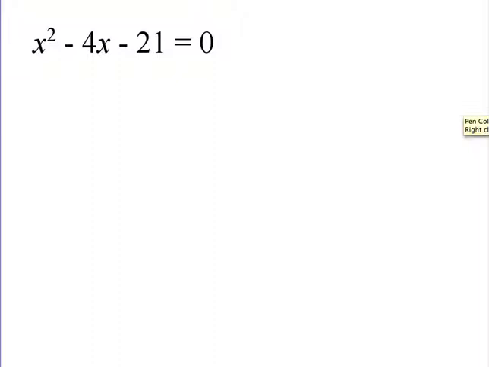X squared minus 4x minus 21 equals 0. So I notice I've got a 1x squared. I won't always have that, so that's why we've got to check that very first. I know I've got two quantities. What will be first? X and x.